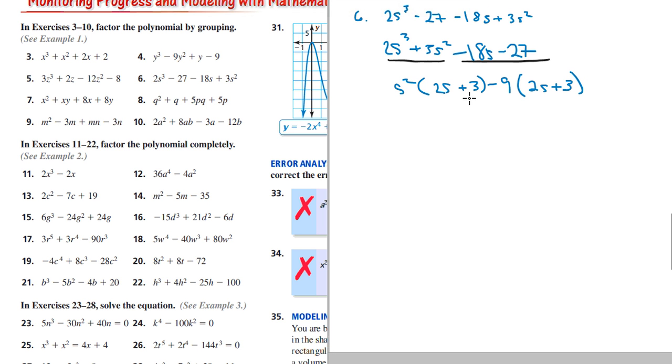So the greatest common factor between these two large terms is 2s plus 3. So we're going to factor out 2s plus 3. And what remains from this large term is an s squared, and from this large term is the negative 9. Be careful on this one though. This right here is the difference of two squares pattern.